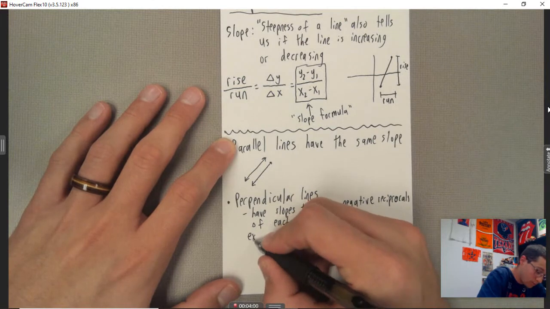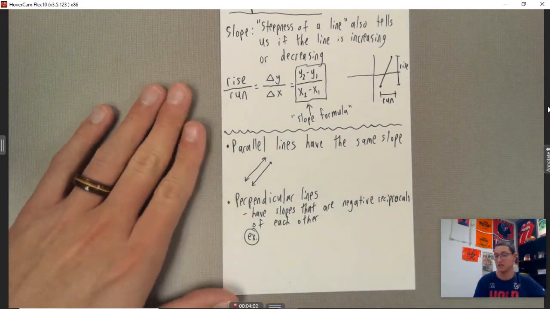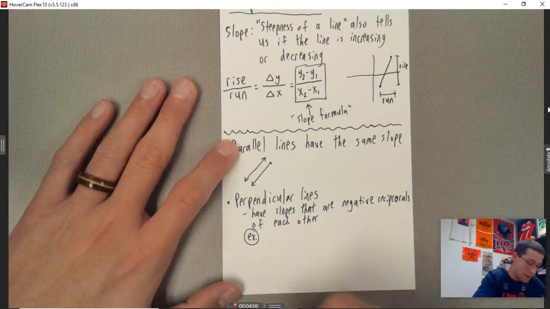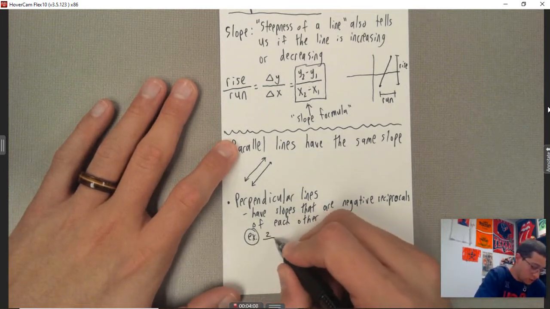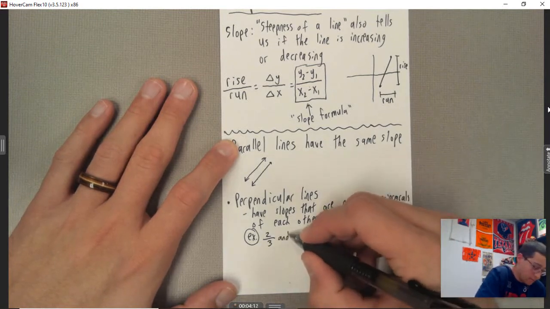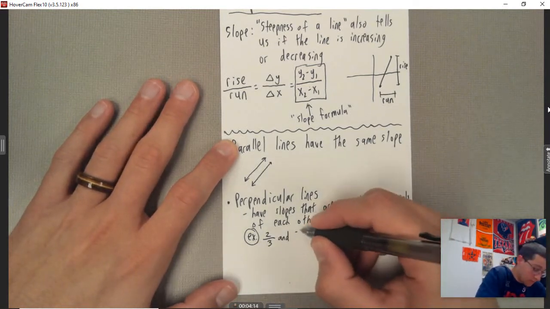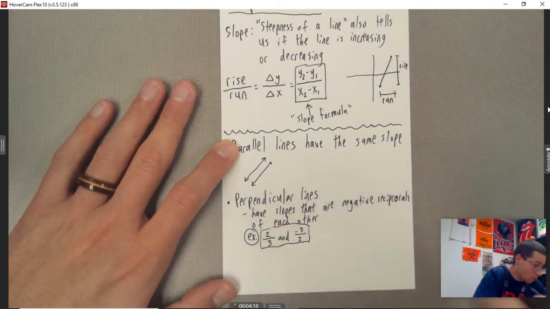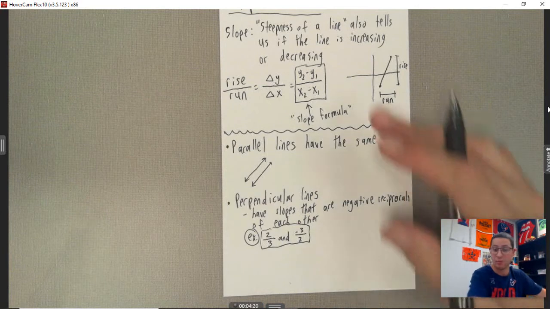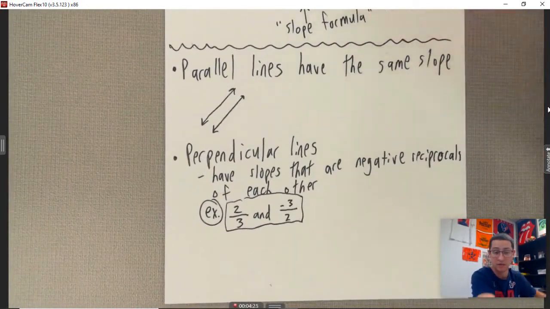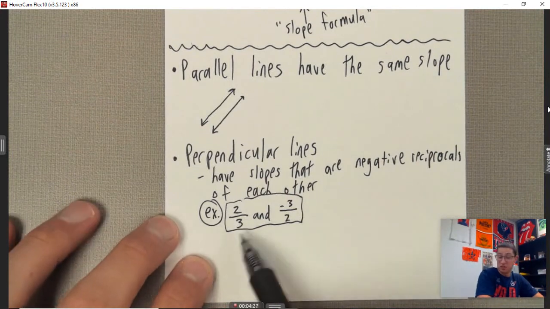Now, for example, because those are some big words, negative reciprocal of each other. Let's say I had one slope that was 2/3, and then another that was negative 3/2. That is an example of negative reciprocals, because I'm flipping the fraction.